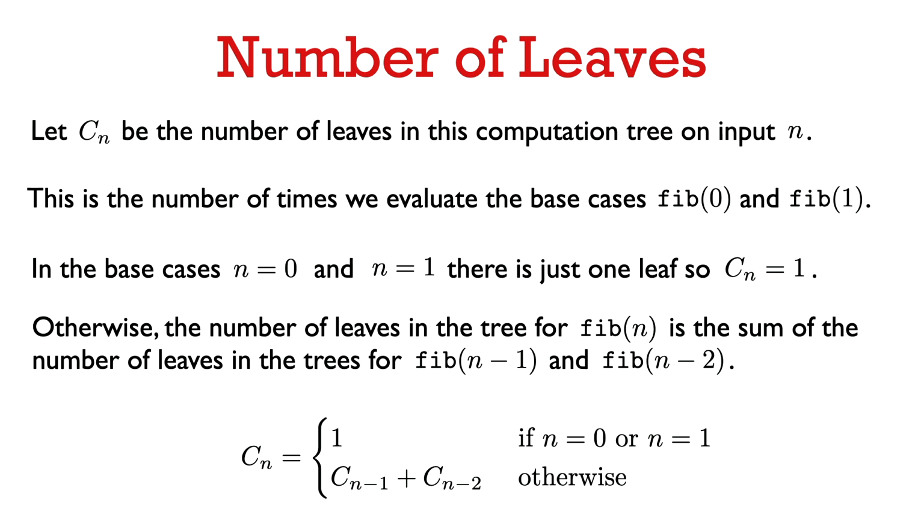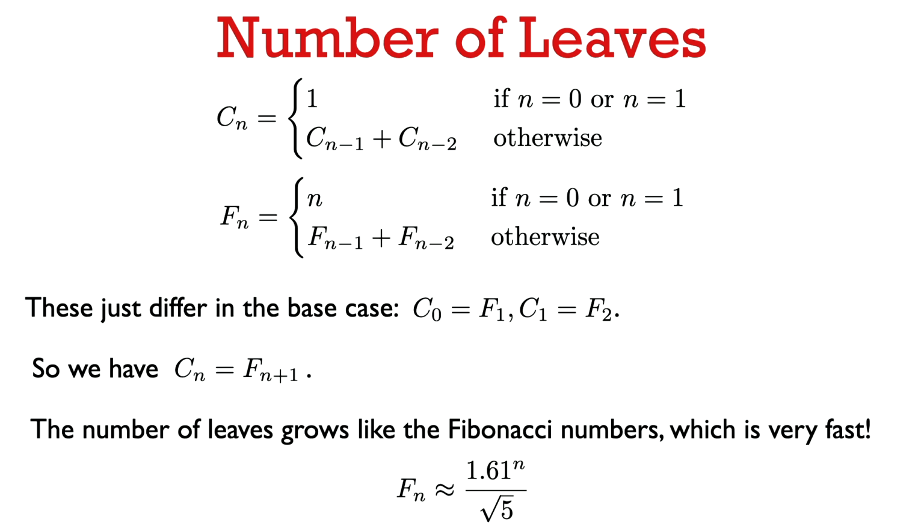Okay, so we have this formula for the number of leaves, and you see it's actually very similar to the formula for the Fibonacci numbers themselves, right? They actually only differ in the base case. So basically this formula for the number of leaves just shifted over by one Fibonacci number, right? Because Fibonacci of 1 is 1 and Fibonacci of 2 is 1. So it's like C of 0 is F1 and C of 1 is F2. And apart from that, they grow in the same way.